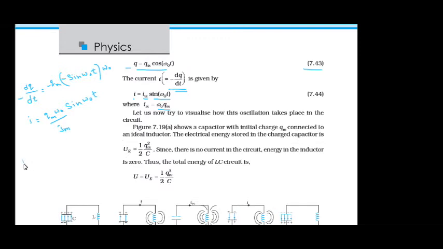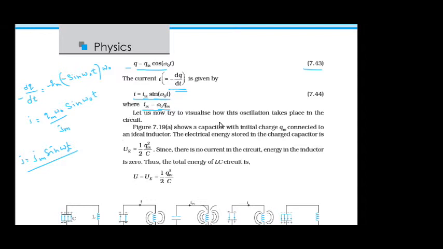So ultimately the equation becomes I is equal to Im sine omega naught t. This is the equation we have written here: I is equal to Im sine omega naught t, where Im is equal to omega naught qm.